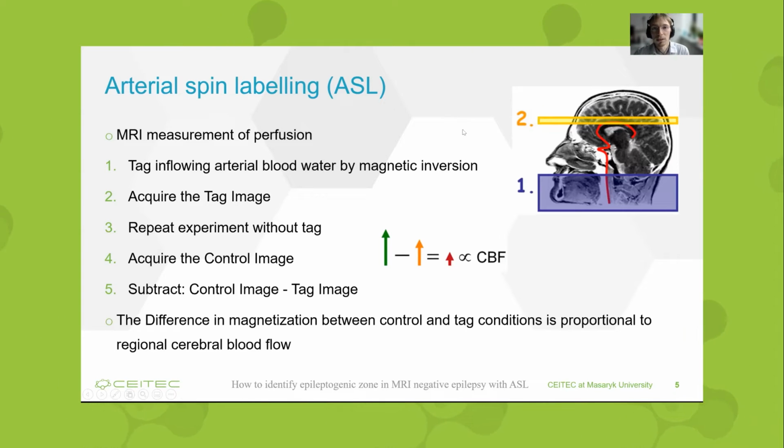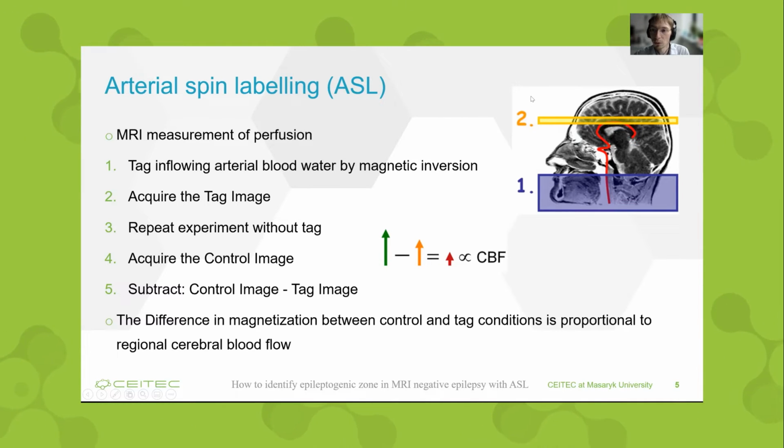Arterial spin labeling is an MR technique, which is perfect for measurement of perfusion. The pipeline consists of tagging the blood inflowing into the head. So there is one image where we use this radio frequency tagging. We actually use the water in blood as a natural tracer.